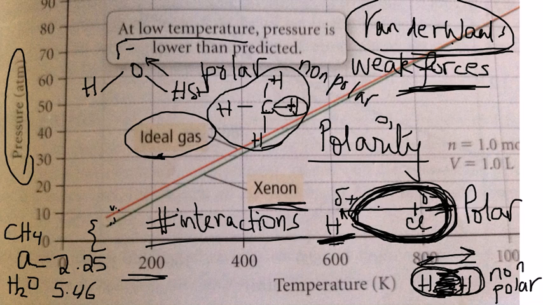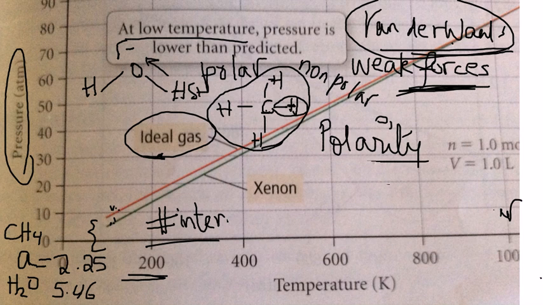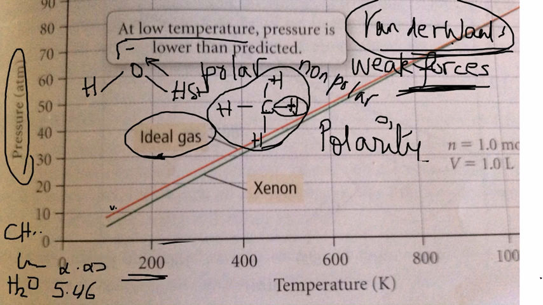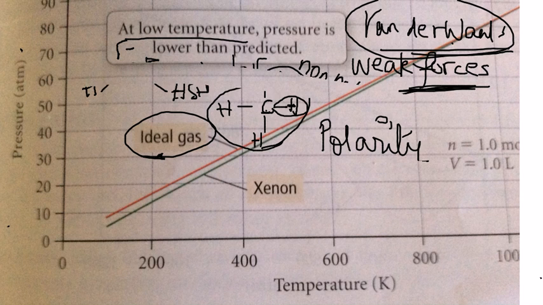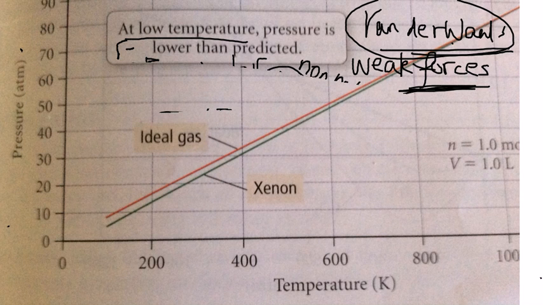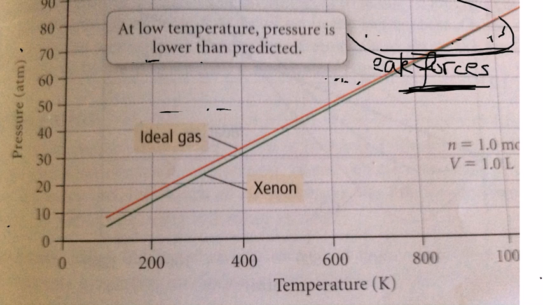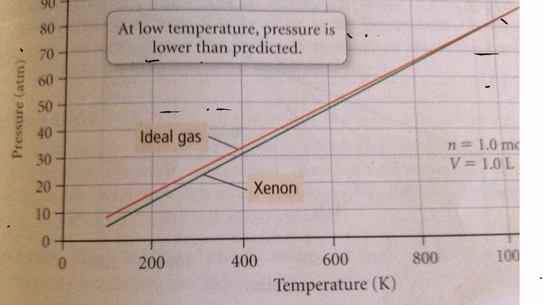So let's take a look at combining the volume and the pressure components. What should your ideal gas law look like? We'll call that a real gas law, because in this case we're looking specifically at the deviations on the pressure and the deviations on the volume.